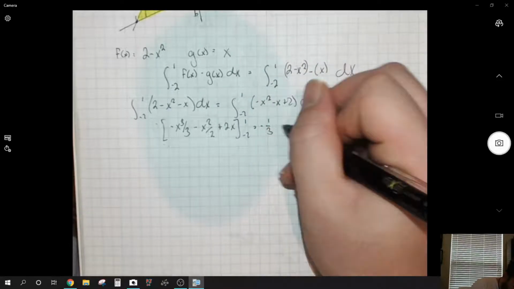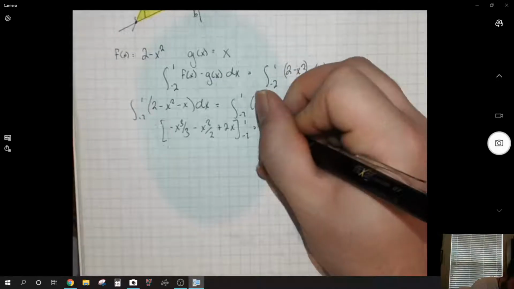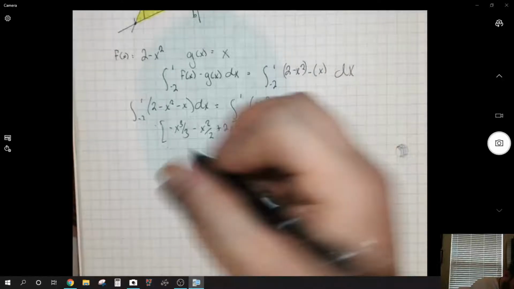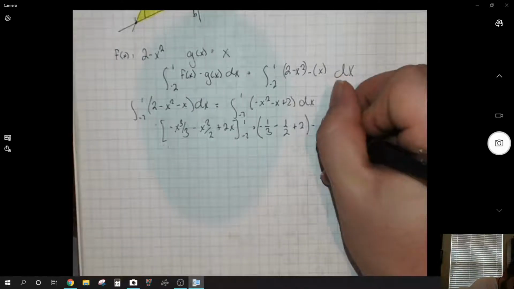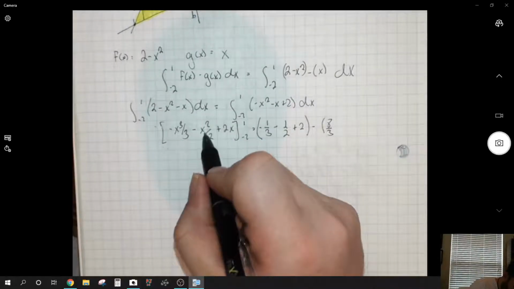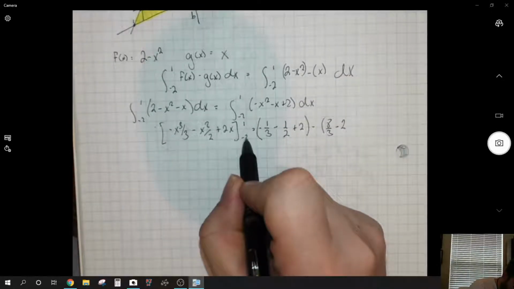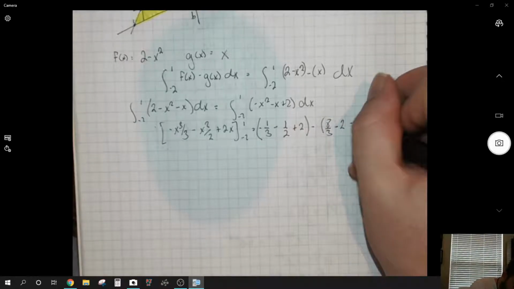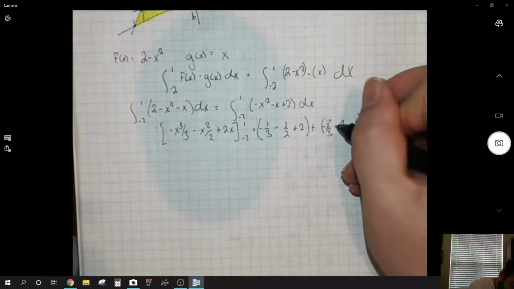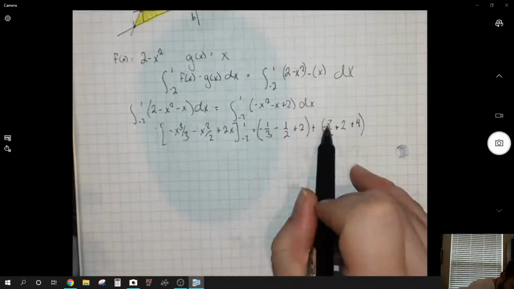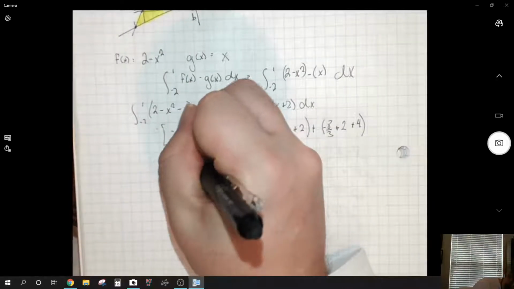Negative 1/3 minus 1/2 plus 2. There's the top bit minus the bottom bit. So negative 2 cubed is negative 8, with the negative in front, so it's going to be 8/3. That's going to be positive 4, so positive 4 over 2 is 2. And then negative 2 times 2 is negative 4, so minus 4. Okay, simplifying this very quickly, I'm going to distribute my negative. The negative 1/3 minus negative 8/3 is negative 9/3.